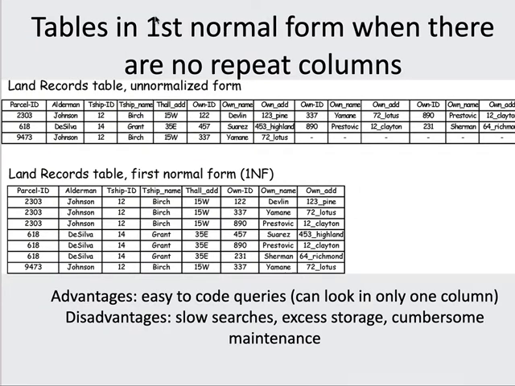So let's walk through our table here that's unnormalized, right? It's the one I showed at the start with the parcel IDs and the owners and the town hall information. And the first thing we want to do to get it to first normal form is get rid of these repeat columns. Now here the repeat columns have the same names. They don't have to have the same names, but they have to store the same type of information, right?